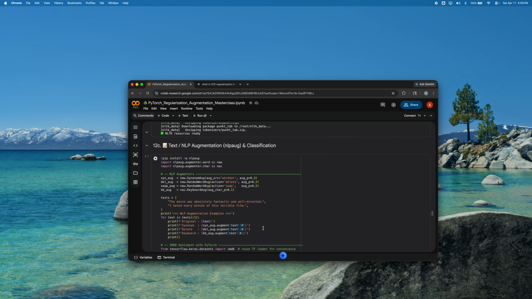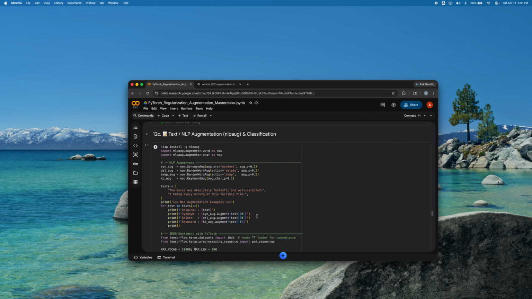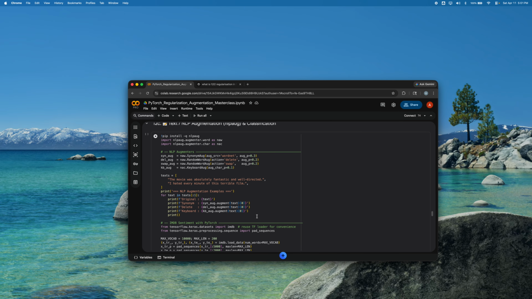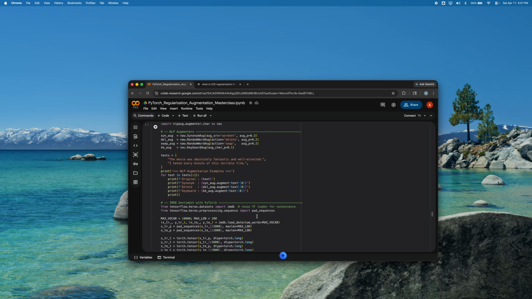Then we have text or NLP using nlpaug for synonym replacement, word deletion and simulated keyboard typos. Two model architectures are compared, text LSTM and text CNN, which uses multiple parallel 1D convolutions to capture n-gram patterns.